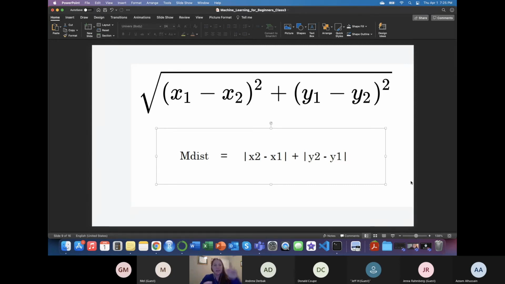Manhattan distance, you can think of more like city blocks. So you would have, say, a house here, and you had to travel down and over in order to get over. So it would be like finding a perpendicular line to go to both of them. So city blocks versus the shortest distance between 2 points.